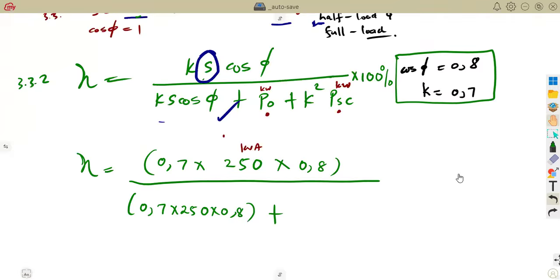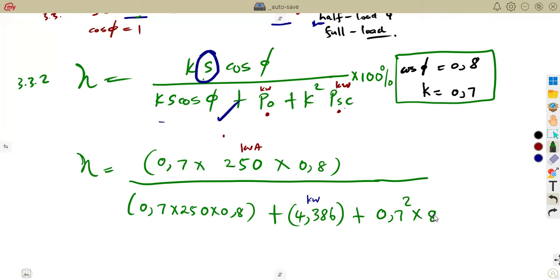Remember, I told you must remember those values. The open circuit, remember, it was 4.386 kilowatts. It was in kilowatts, this one. So we already calculated this. Then plus K squared, our K squared, 0.7 squared, times the short circuit, which we also calculated.